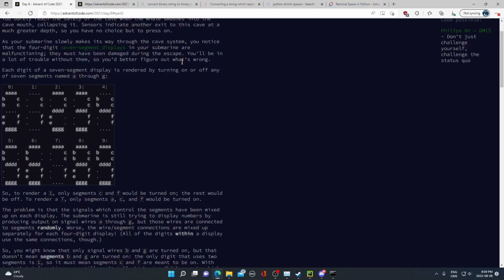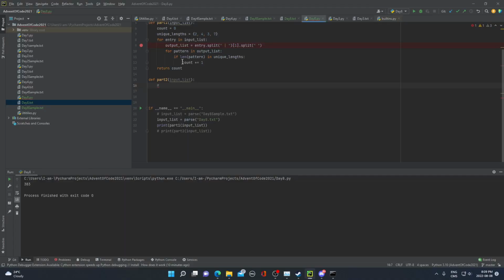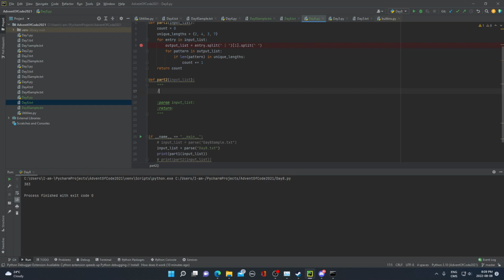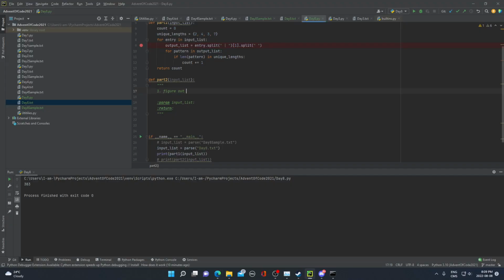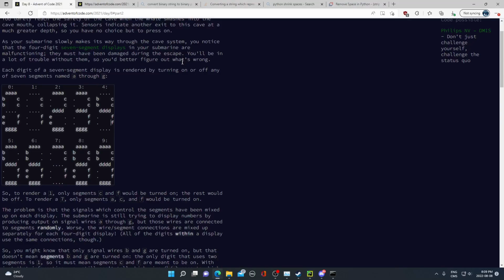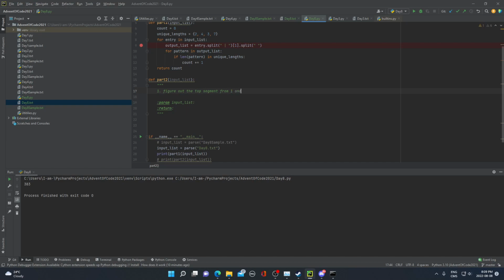Single comment. Yeah, why not? Multi-line comment. So we can figure out the top segment from 1 and 7.